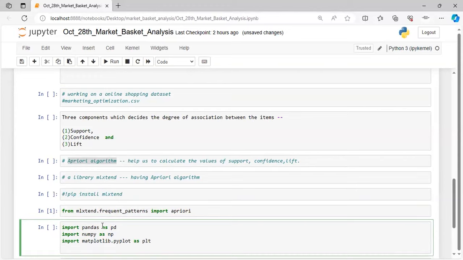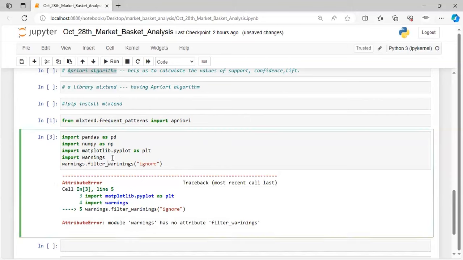Later on we'll see what else is required.